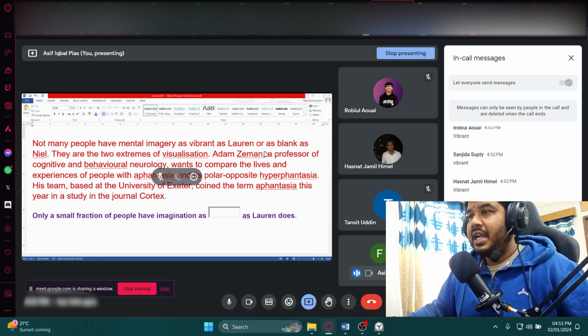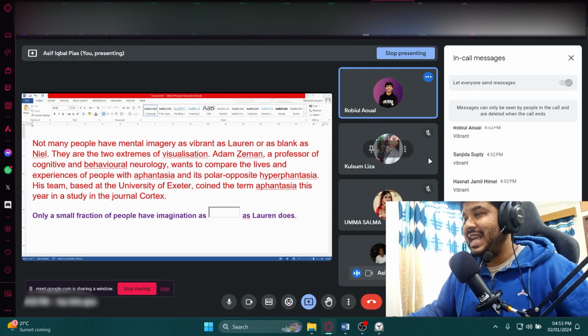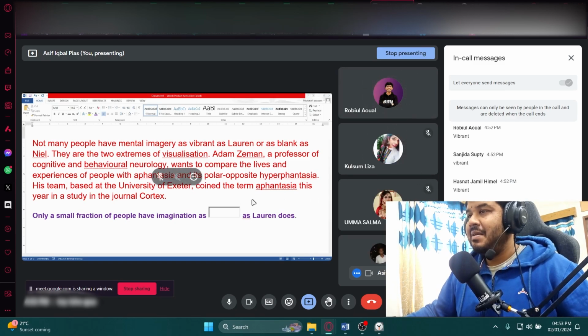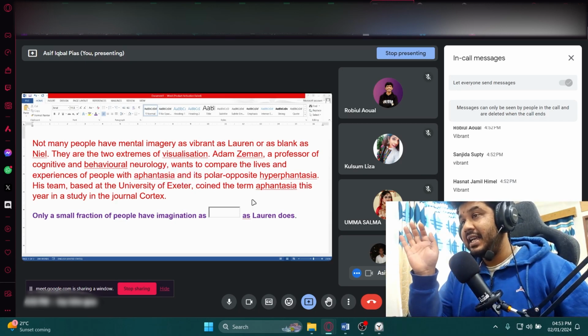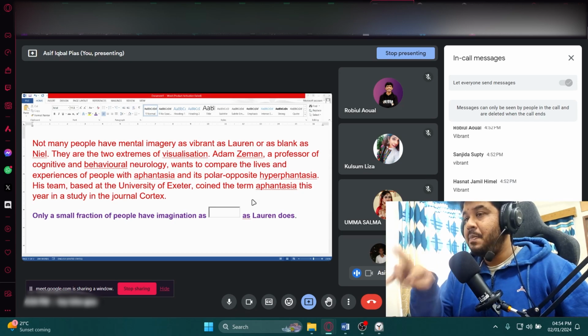Here we are concerned about Lauren, we are not really worried about Neil. If it was Neil, what would we put there? Blank. Right, exactly. So it's not blank because it's Neil. Neil's imagination is blank. However, Lauren's imagination is just the opposite of Neil's, which is vibrant, colorful.